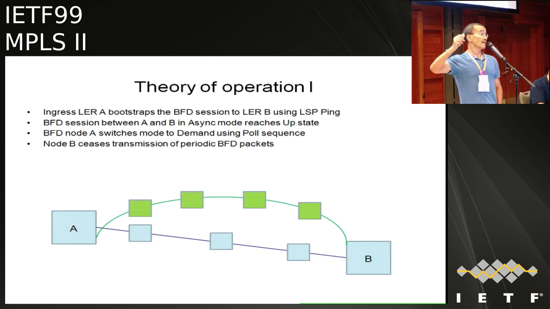Thus, when the LSP is restored, it doesn't need a new LSP ping bootstrap, and it does it in asynchronous mode. Once the session goes up, again node A may instruct node B to go in demand mode, and we have effectively the same thing.